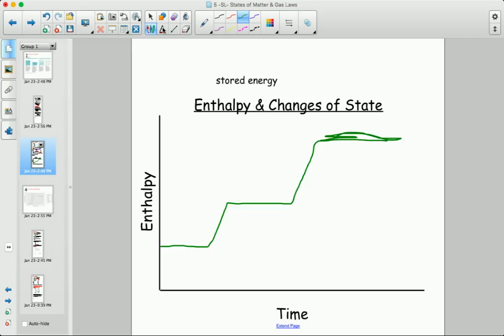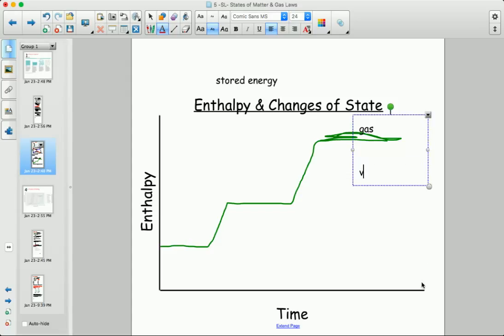Okay. So these represent, instead of kinetic energy, now we're talking about potential energy. So this is gas. This is vaporizing. This is liquid. This is melting. And this is solid. So phase changes result in changes in stored energy, which we call enthalpy. And if you increase something's stored energy, its enthalpy, that process is called endothermic.